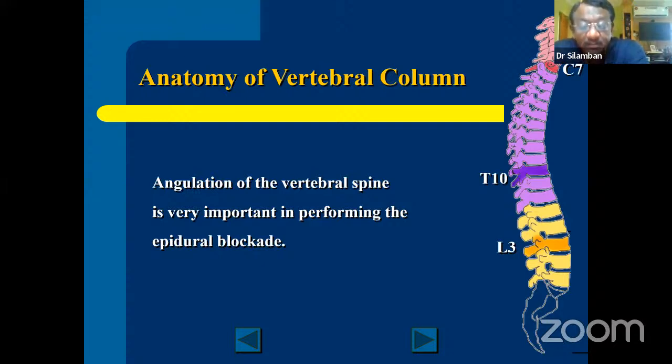As you can see, on the lumbar side the spines are at 90 degrees to each other. So if you just go between the two spines, you're likely to reach the epidural space. Whereas in the lower thoracic, say from T7 to T11, they are at about 70 degrees angulation. So if your needle is not angulated to the angulation of the spine, you may have difficulty reaching the epidural space.